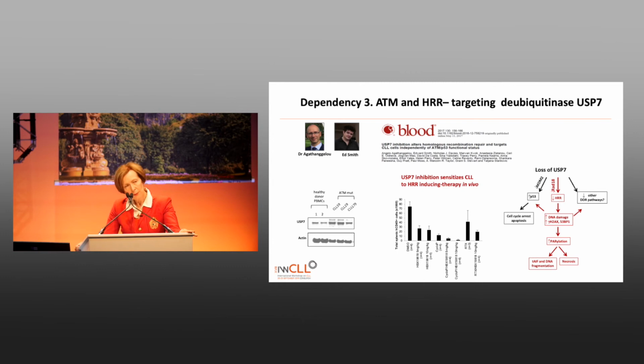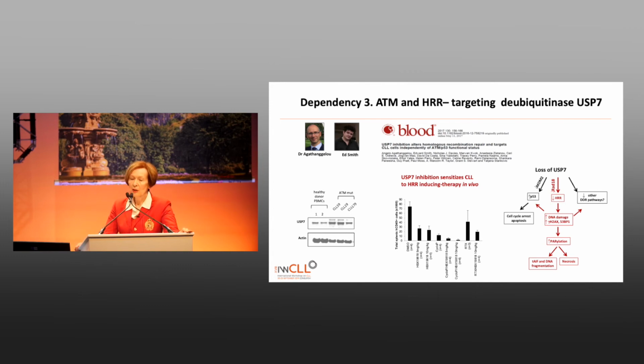So the third dependency that is worth considering is between ATM defect and alterations in homologous recombination repair. And to demonstrate this interaction, we targeted a protein called deubiquitinase USP7. This deubiquitinase is highly expressed in CLL cells, in particular ATM mutant, compared to normal B cells.